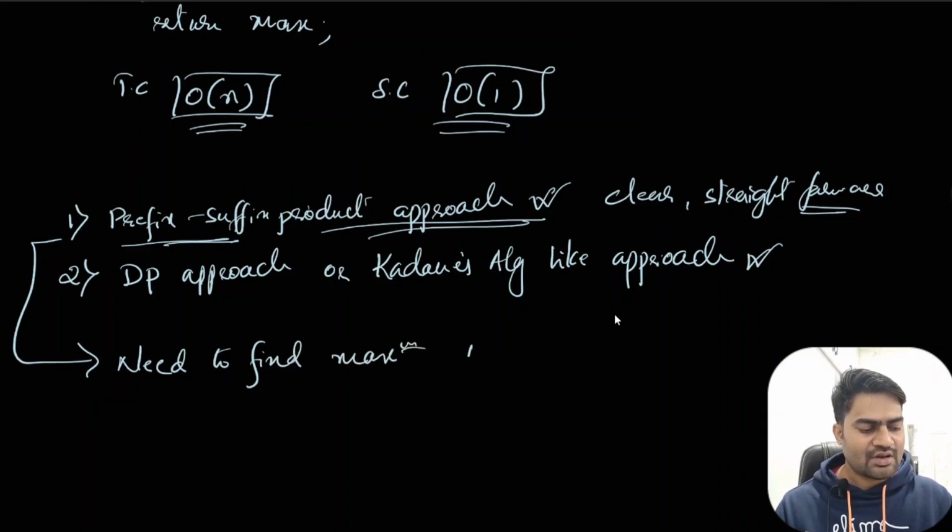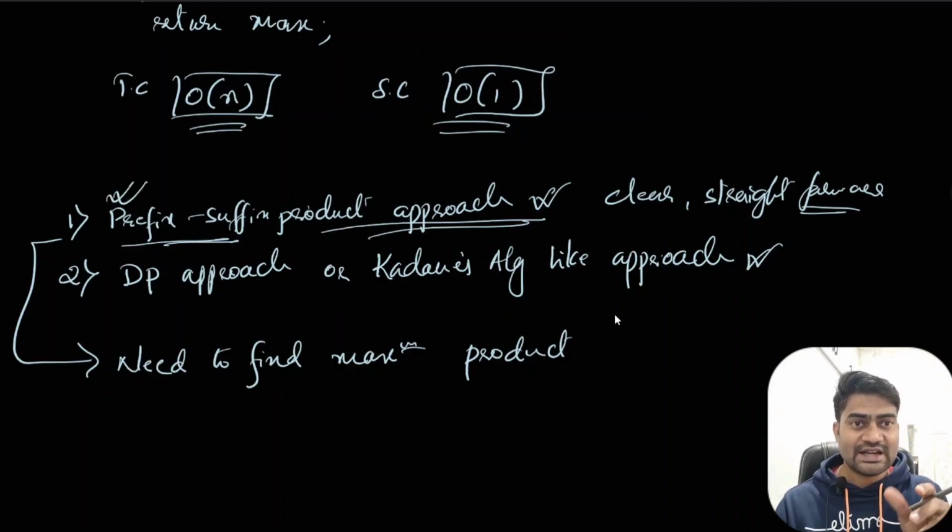the maximum product. But whenever there is a follow-up question saying that along with the maximum product, you also need to find the array which contributes to the maximum product, that time you cannot really use the first approach. Why? Because whenever we get 0, we simply reset it to 1, right?